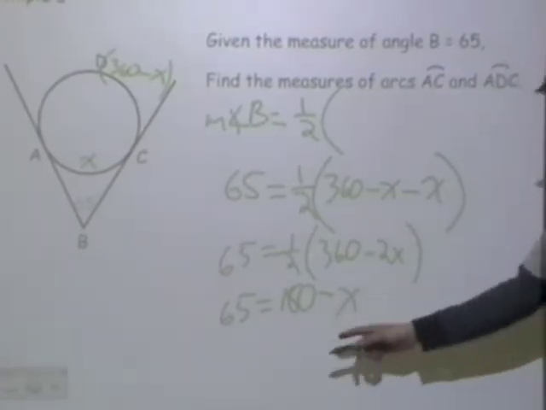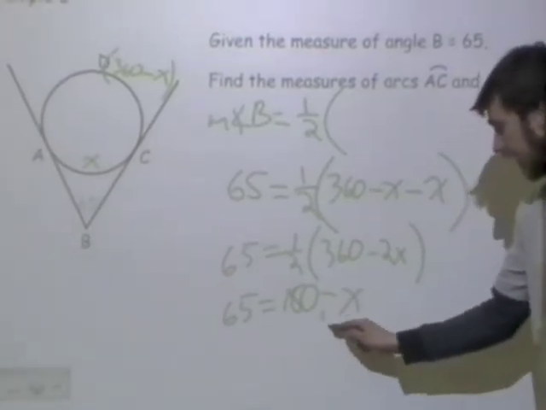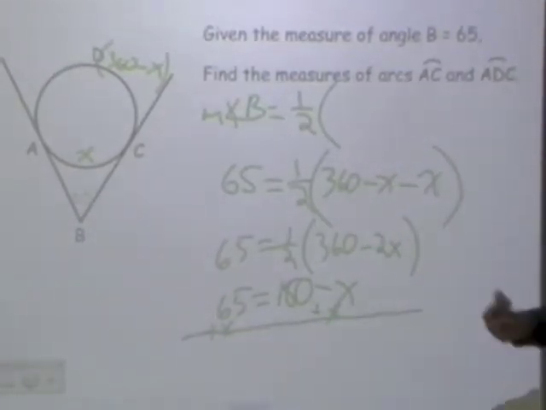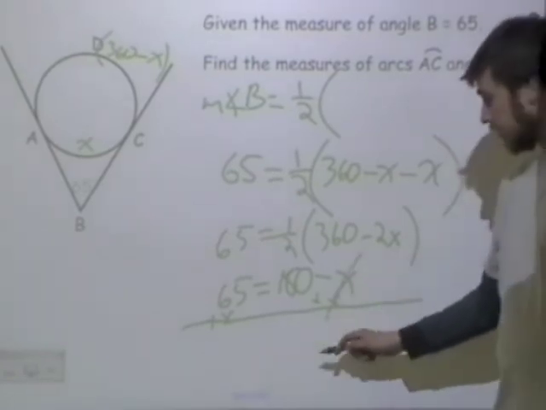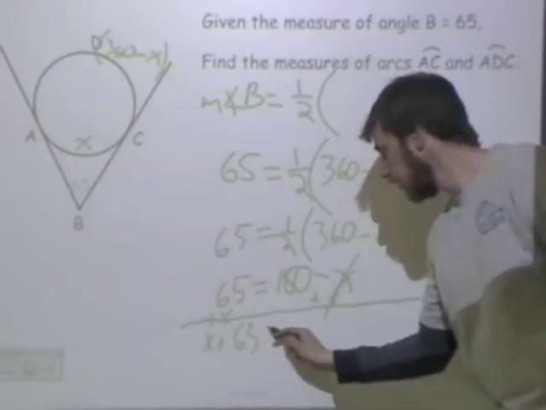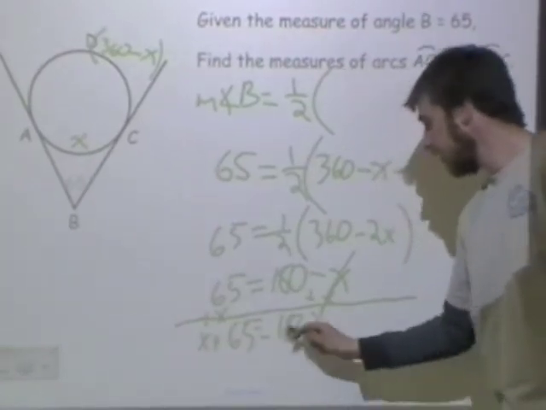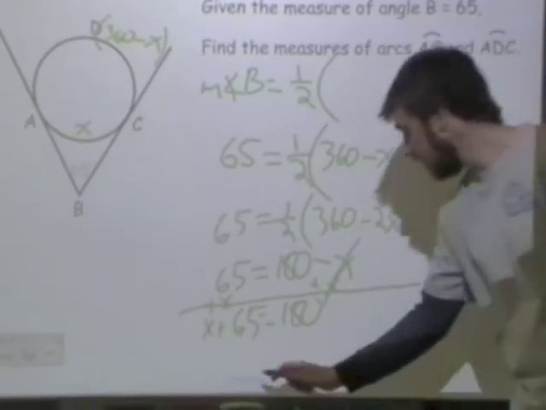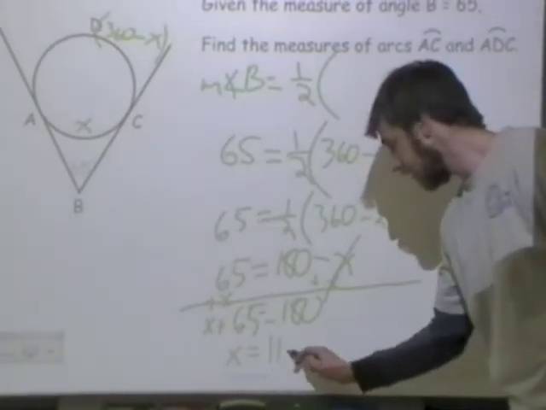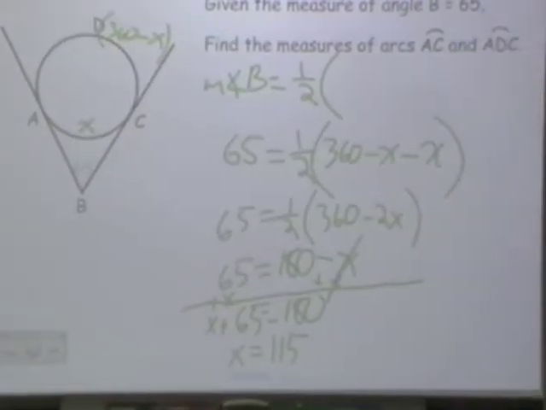Next step, I'll add x to both sides. So when I add x to this side and to this side, I gave myself a positive x. Negative x plus x is gone, but on this side I have x plus 65, which is equal to 180. And finally, subtracting 65 from both sides gives us a measure of x being 115 degrees.